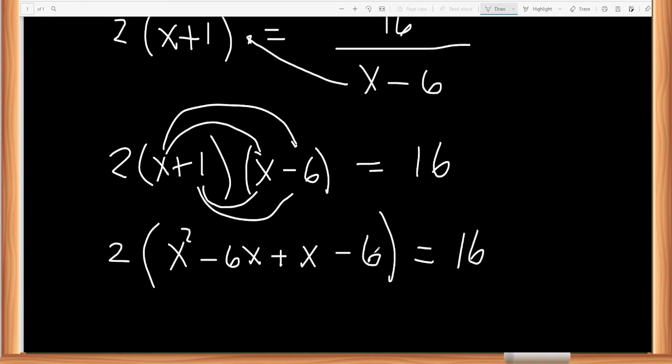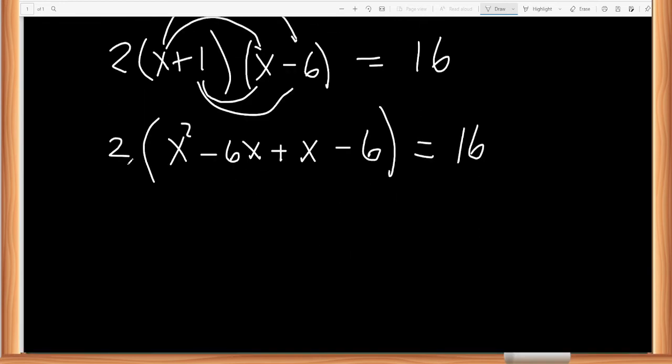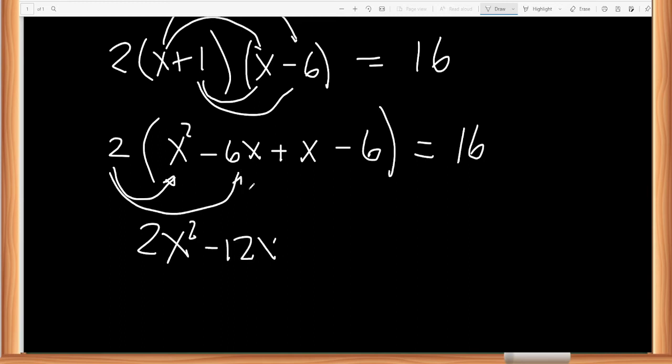Wala pa sa standard form. Meron pa rin sa kabila, no? And kailangan pa nating i-distribute tong 2 dito sa loob ng parenthesis. Oh, wait. Pwede mo na palang pagsamahin to. Sorry.